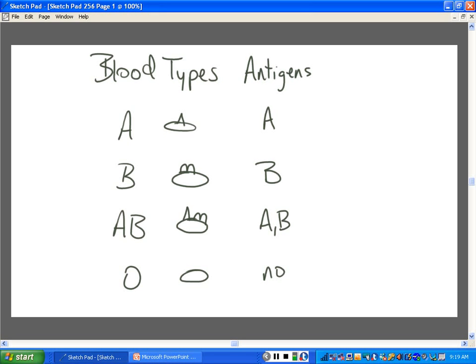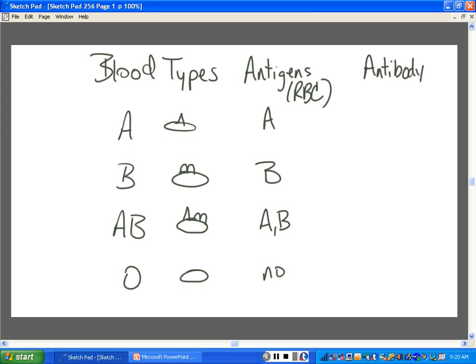There is a portion, and I like to put, by antigens there, I like to put RBC, just to remind everybody that's on the red blood cell. Well, there's another part to each blood type called an antibody. Now, I know you associate antibodies right now with the immune system, probably, because we've talked about them just a little. However, blood also has antibodies in it.